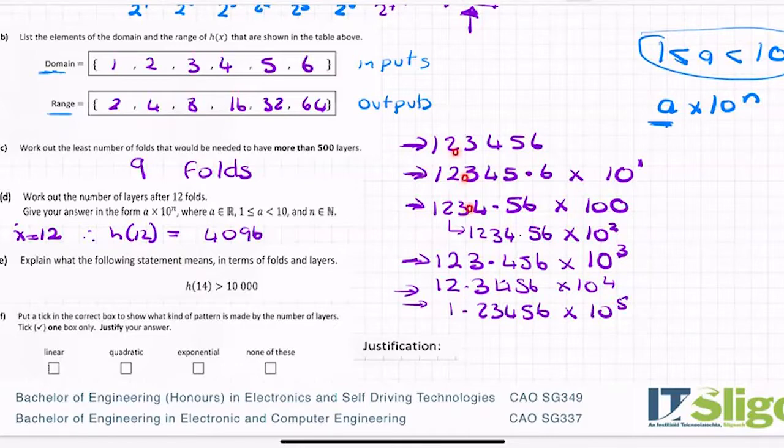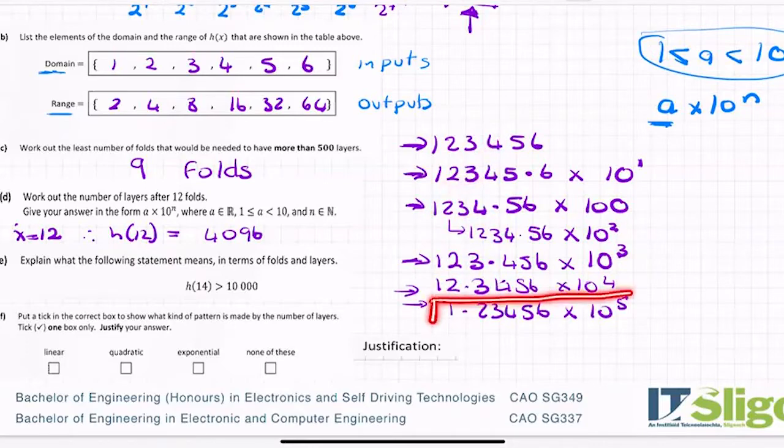I'm looking down through all of these numbers to find the one that's between 1 and 10. And I get this one here, because 1.2 as a number lies between 1 and 10. 12 doesn't, 123 doesn't, 1234 doesn't, and these two definitely don't.